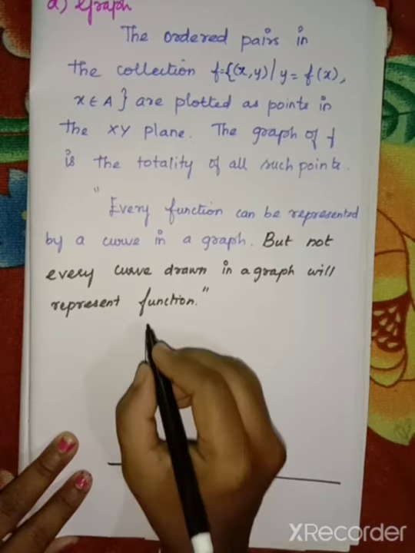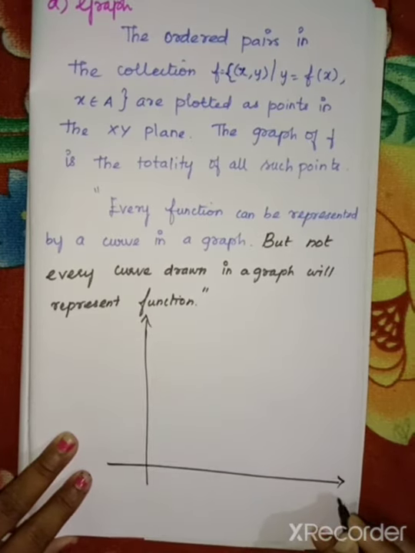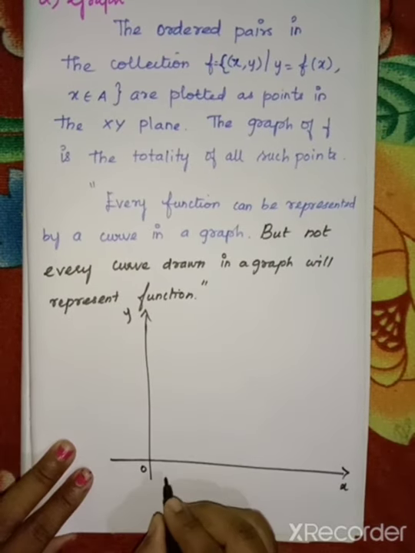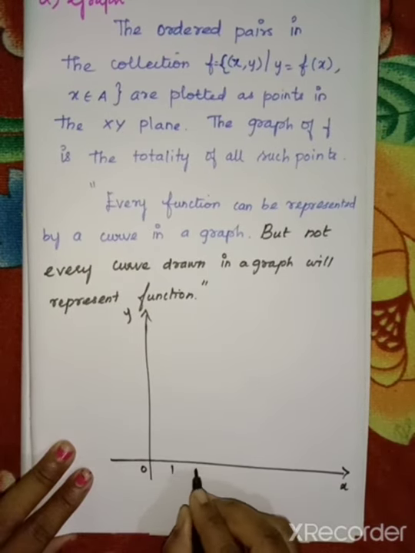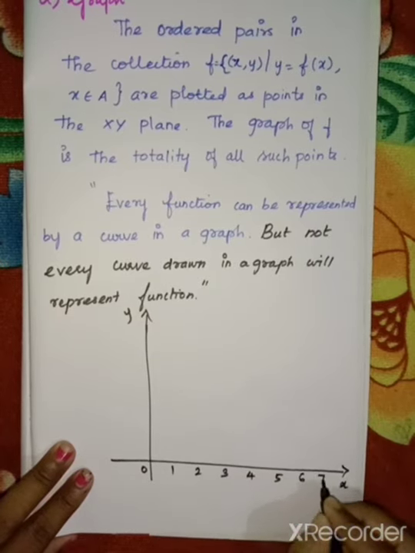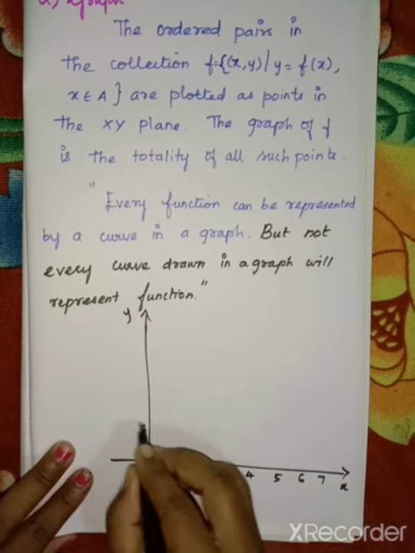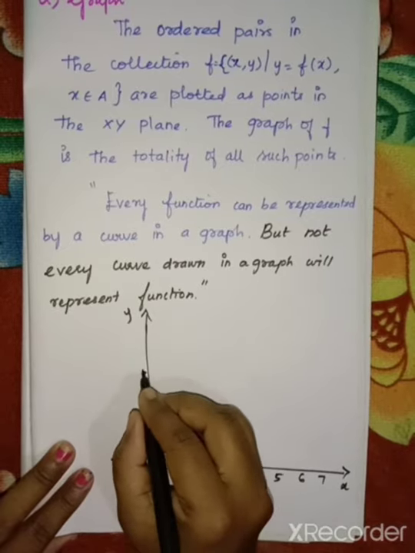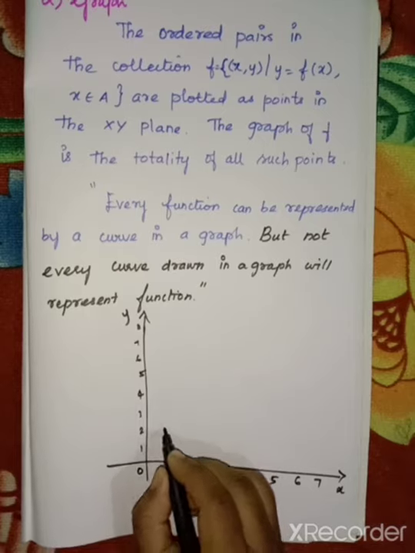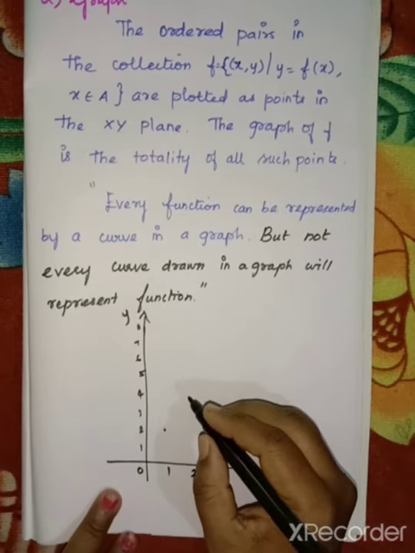A set and B set are there. So the xy plane is there, x, y, origin. Just you have to mention the values 1, 2, 3, 4, 5, 6, 7. Then here 1, 2, 3, 4, 5, 6, 7, 8. So for 1, 2, here the example is there.